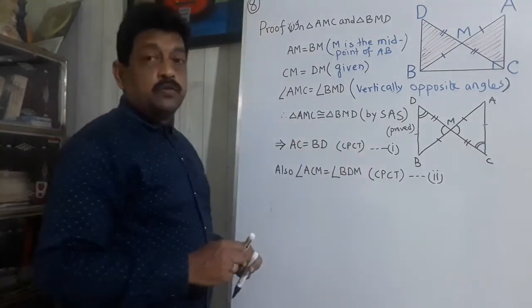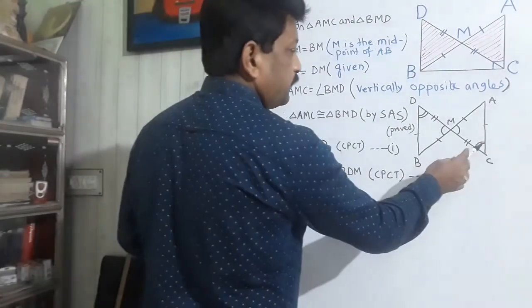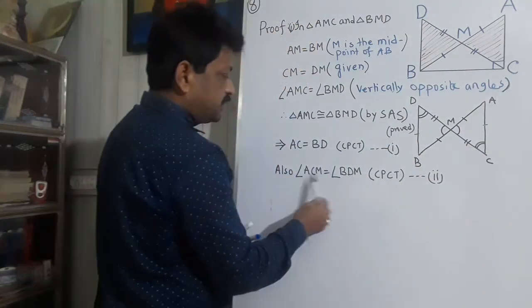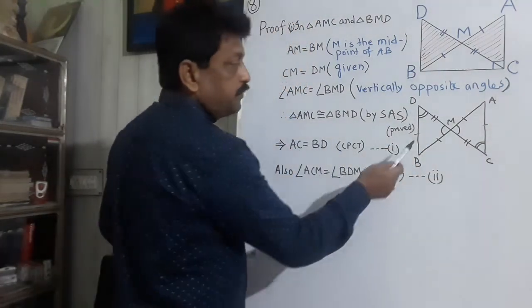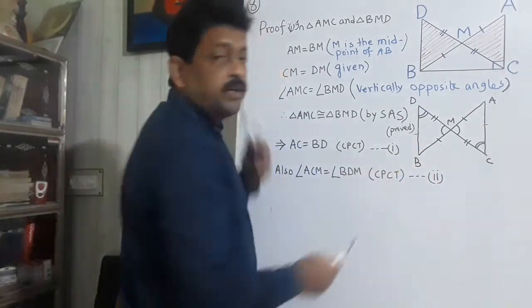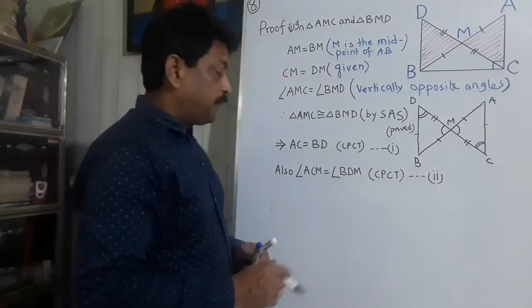Okay, before going to the second part of the question, see one thing. These two angles are equal by CPCT, and you can see from the diagram that these two angles are alternate angles. Okay?